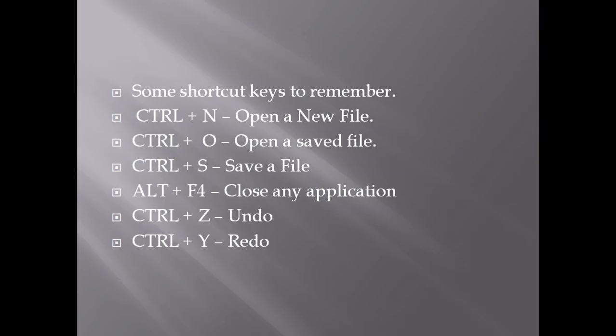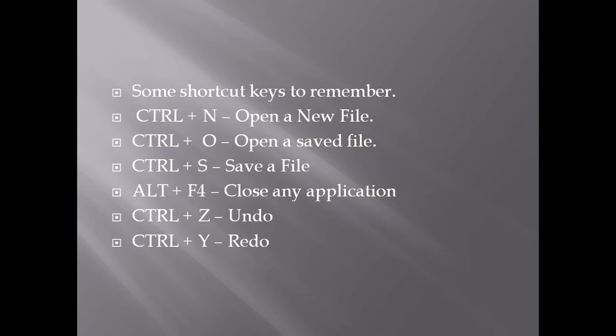Control Z, undo. For example, I have drawn a scenery where I don't need the stars. Just now we had one textbook question where she does not want a star there. So you can press Control Z, it will go.